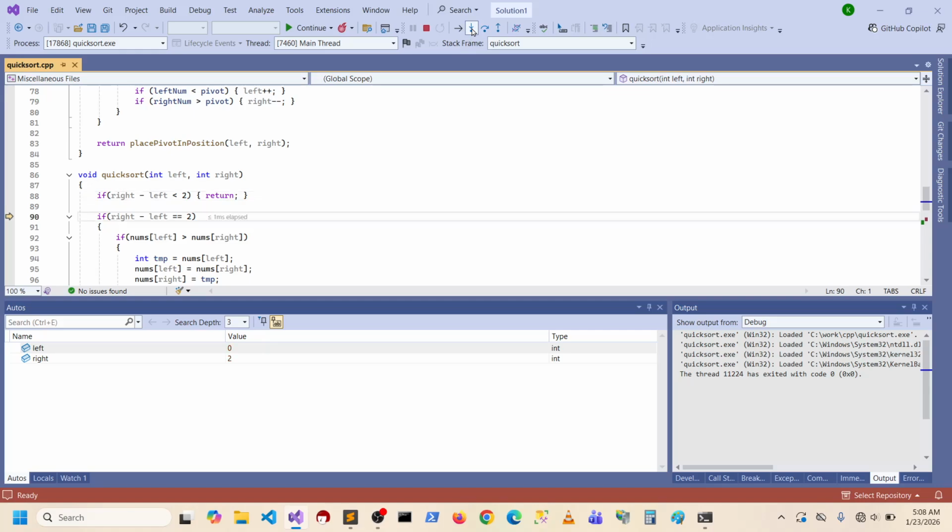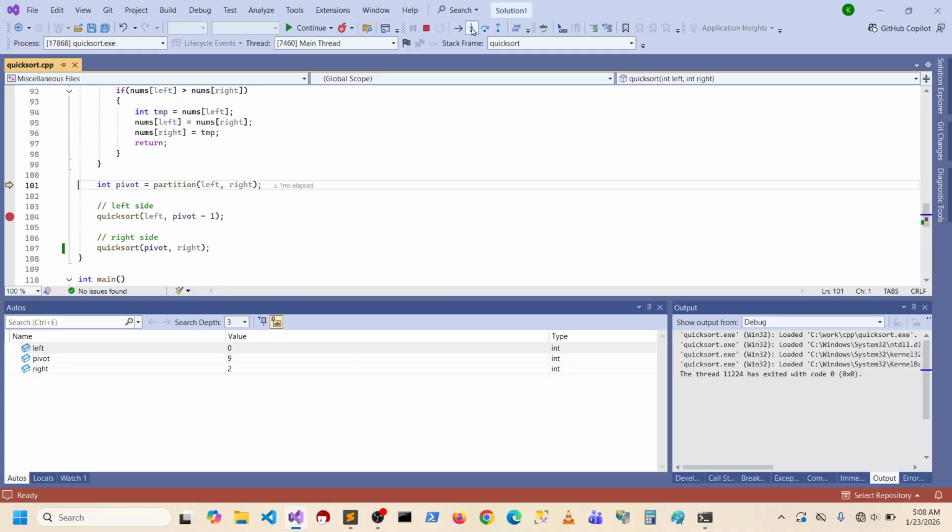But it does equal 2. Yes, so nums left. Oh, nums left, nums right. They don't need to be swapped. Or yeah, they do. No, they don't. Does not, so pivot, left and right. 0 and 2.